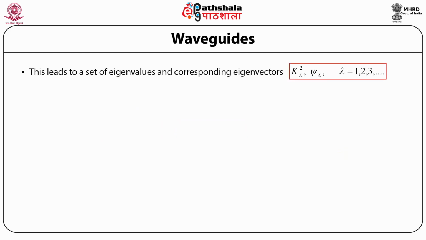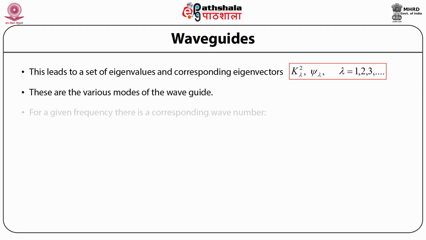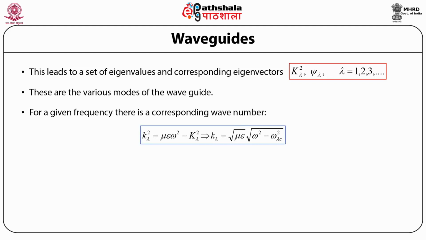This leads to a set of eigenvalues and corresponding eigenvectors, which are denoted by capital K subscript lambda square and psi subscript lambda, where lambda is equal to 1, 2, 3 and so on. These are the various modes of the waveguide. For a given frequency, there is a corresponding wave number, which can be written as small k subscript lambda square is equal to mu times epsilon times omega square minus capital K subscript lambda square.